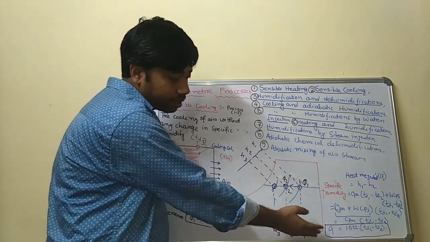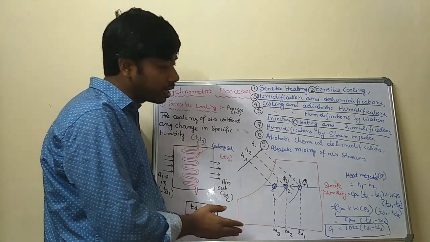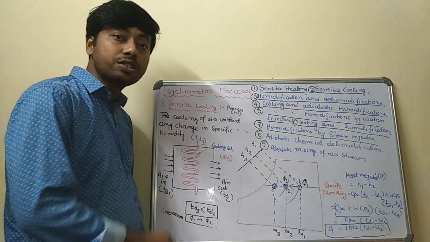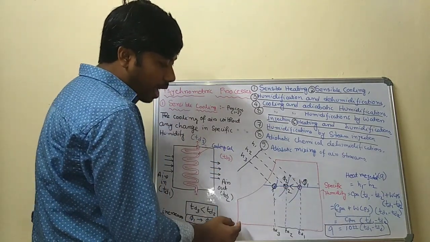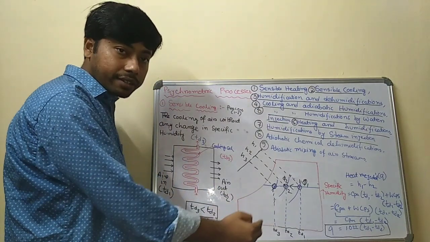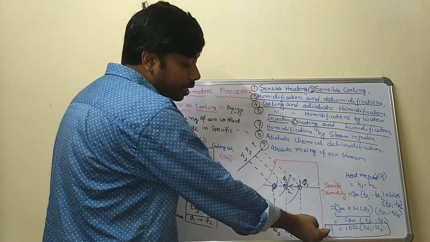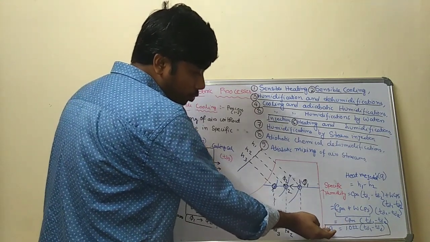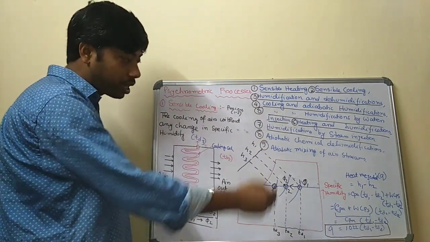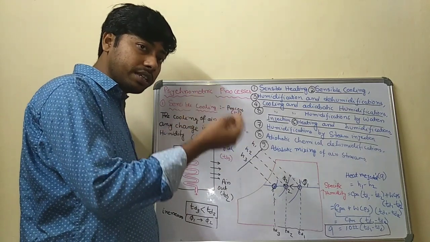As you know, the x-axis indicates the dry bulb temperature and the y-axis indicates the specific humidity. As you go from left to right, dry bulb temperature increases, and as you go upward, specific humidity increases.